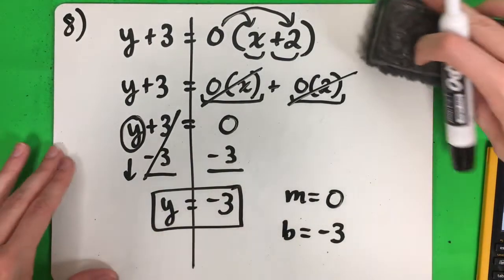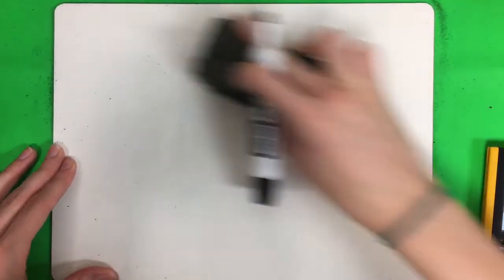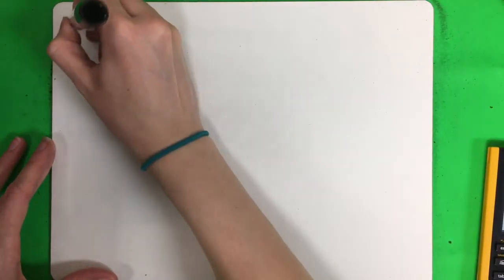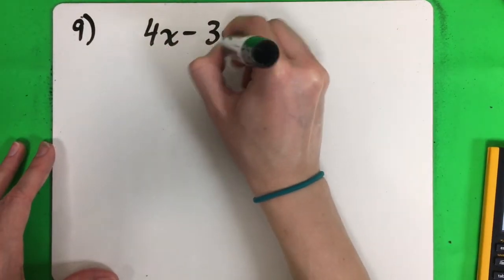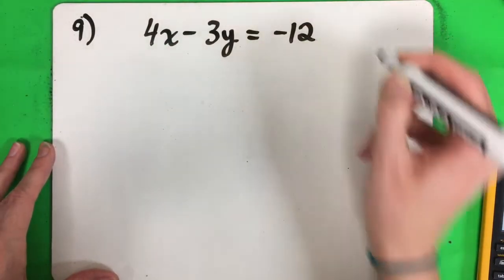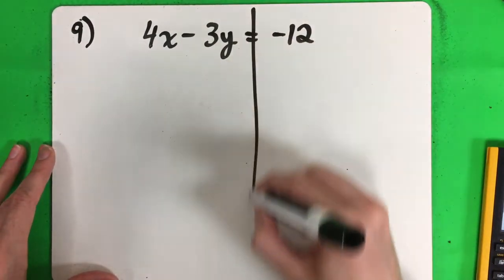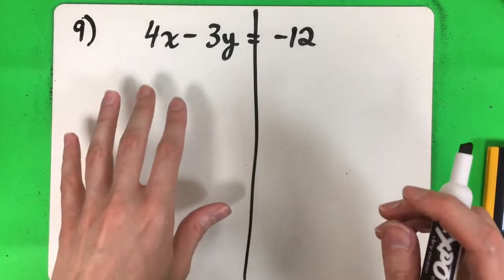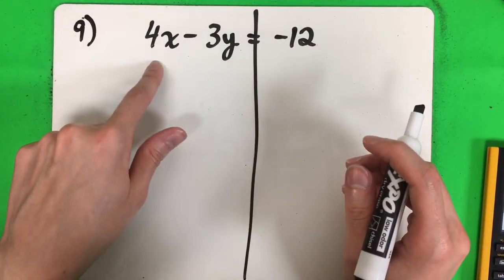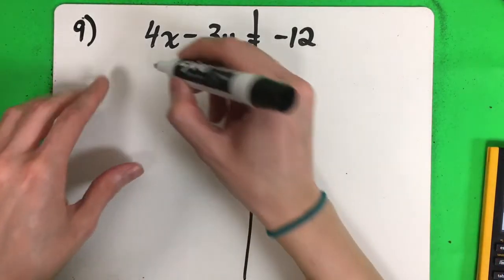Let's try number 9. Number 9 is 4x minus 3y equals negative 12. Okay, so when you have something like this, you're going to move the x first. This is positive 4x. The opposite is negative.